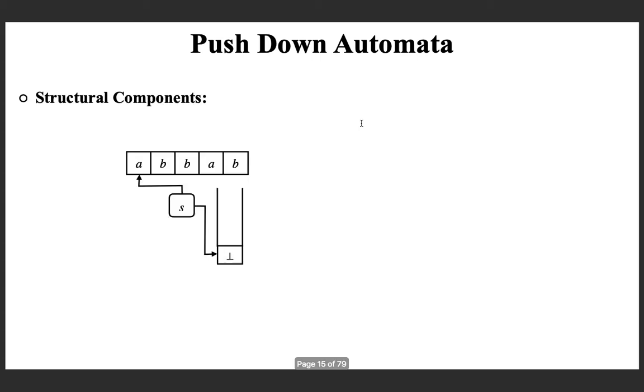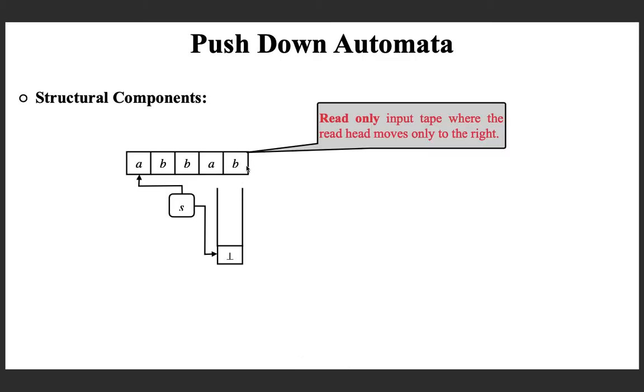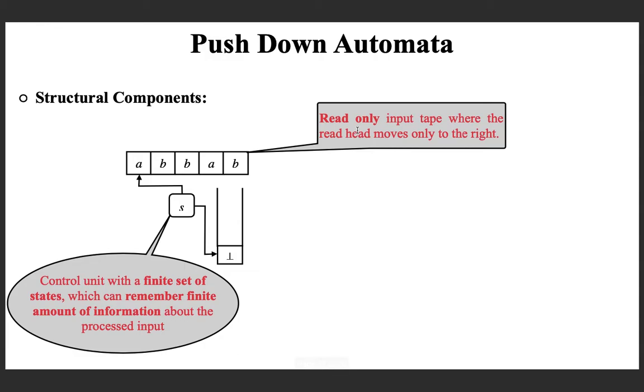Now, let us look at the structural components in it. So, these are the structural components. There are three. First is the finite length input tape, same as in the case of finite state automata. Second component is the control unit with finitely many states, again same as that of the finite state automata.